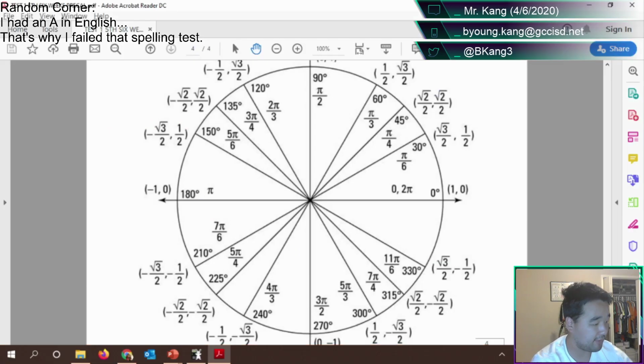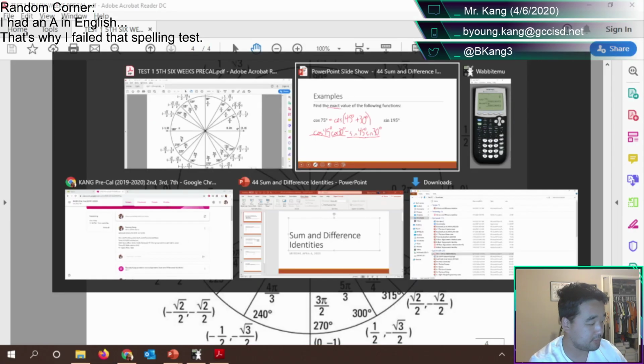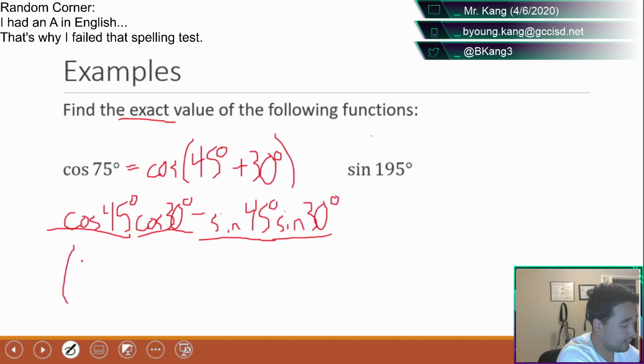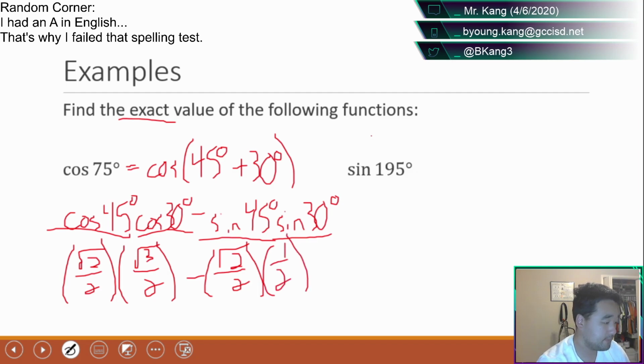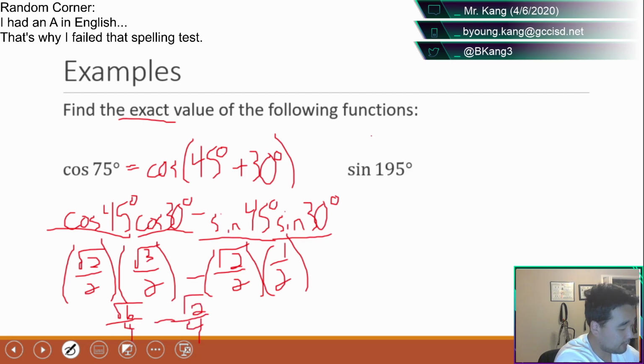So I head over to 45 and 30, pull off the appropriate numbers, and when you do your math, you get square root of 2 over 2 times square root of 3 over 2 minus square root of 2 over 2 times 1/2. Then you get square root of 6 over 4 minus square root of 2 over 4. You are subtracting 2 fractions, and they already have a common denominator.